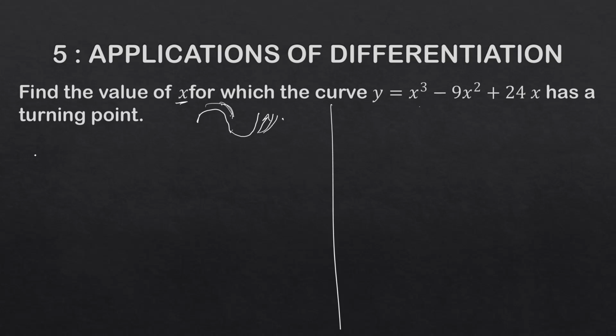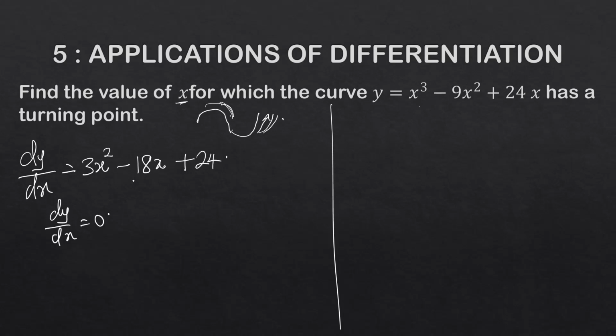Let's find out. So dy/dx is going to be equal to 3x squared minus 18x plus 24. That is it. But in this case, at any turning point, dy/dx must be equal to 0.